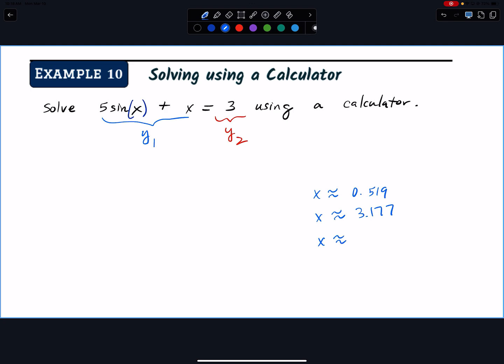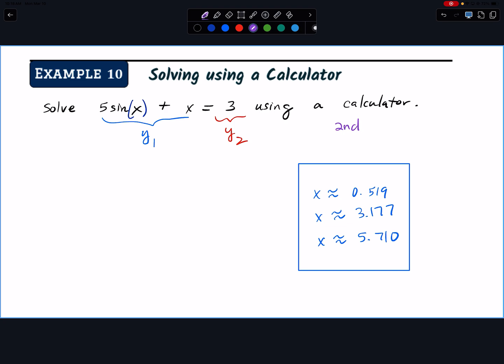And did someone find the last one? 5 point something? What is it? 5.710. Cool, guys. So when I post the notes, I'm going to post the graph so you can see that as well.